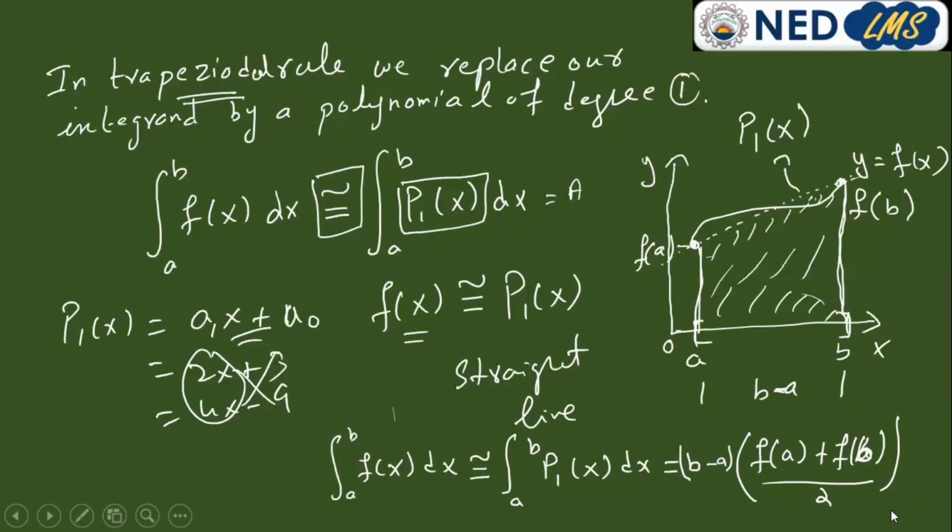Whatever answer I get gives the approximate area under this curve. This is how the trapezoidal rule works.